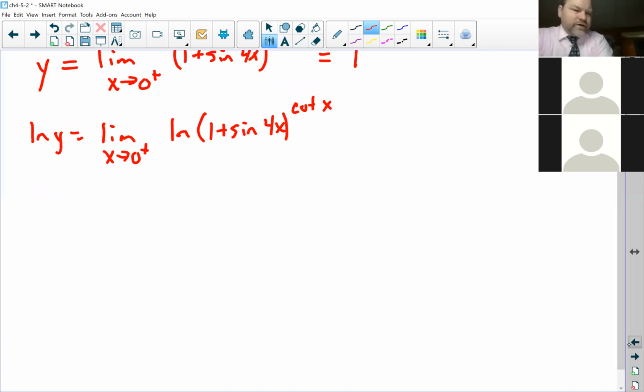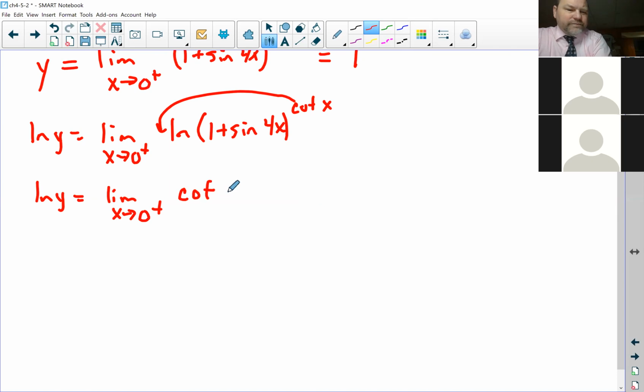And why does that help me? Well, what I can do is use my laws of logarithms, which says I can bring that cotangent from the exponent and write it out front.